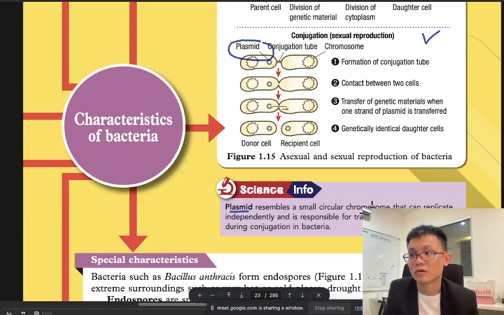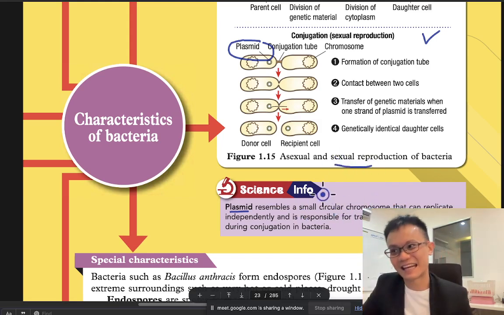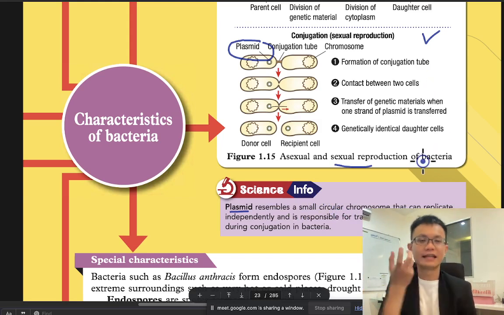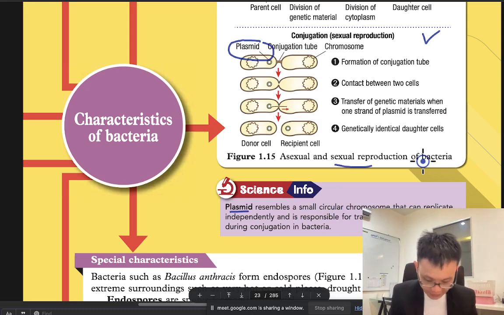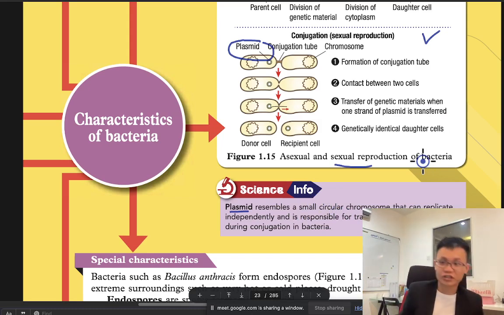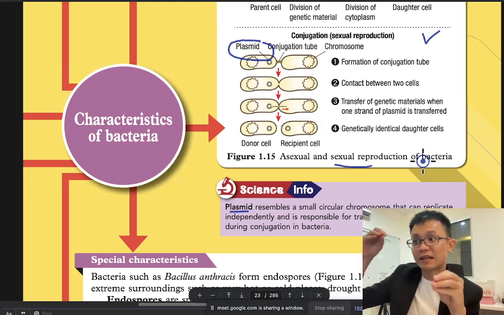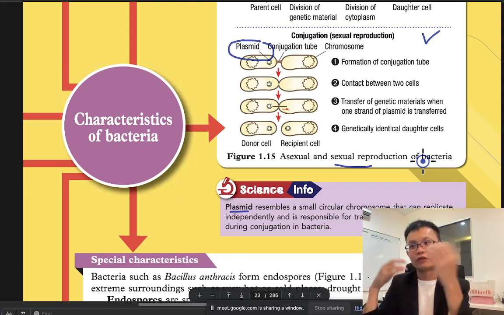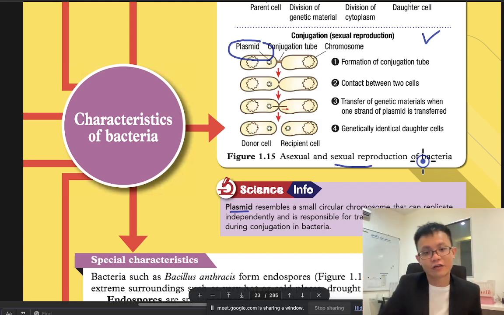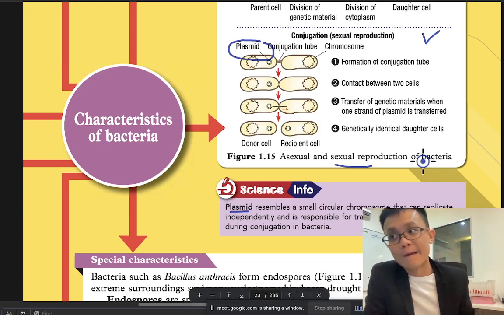Okay, so of course, like sexual reproduction, you need to transfer the genetic material in terms of DNA. So when the daddy and mother are married, of course the mommy and daddy DNA will exchange. Mother will give a bit to the gamete, daddy will give the DNA to the gamete. So it comes out and produces a baby like you. Do you have the same face as your father and mother?